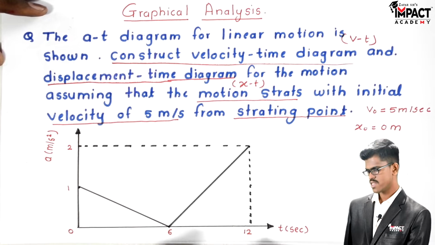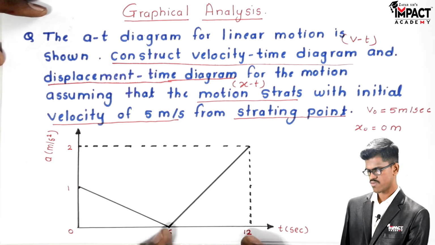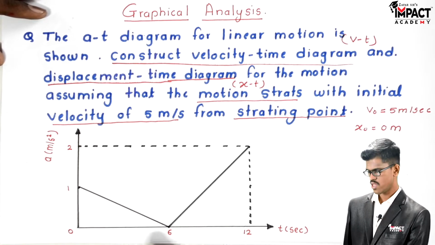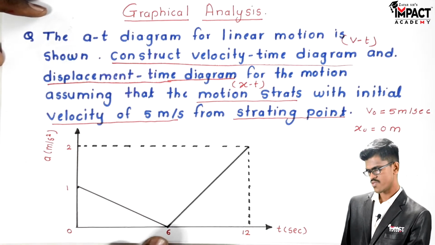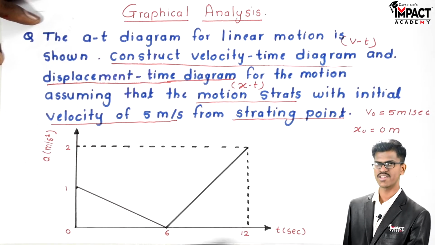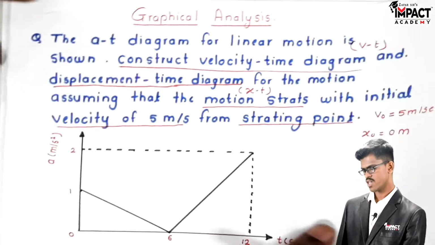For simplification, we consider this motion from 6 to 12. At that time, the initial velocity will be v6, not v0. So v6 will be the initial velocity plus this area under the curve. So we consider motion from 6 to 12 seconds.